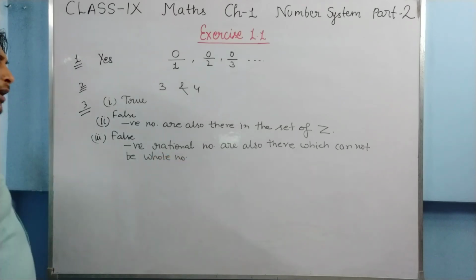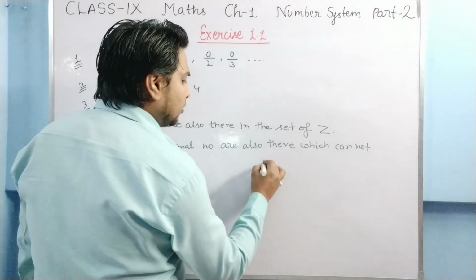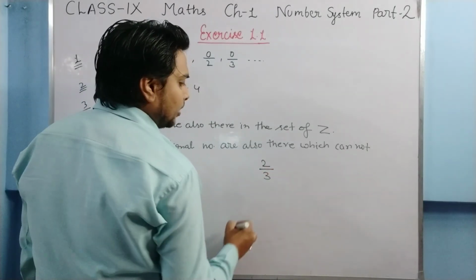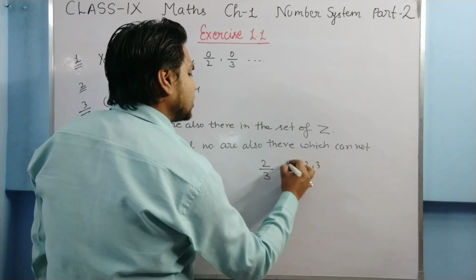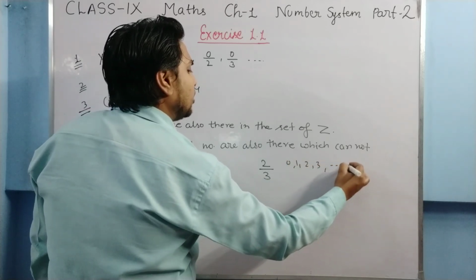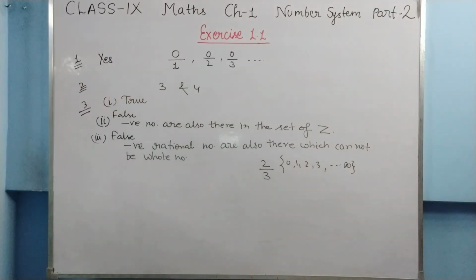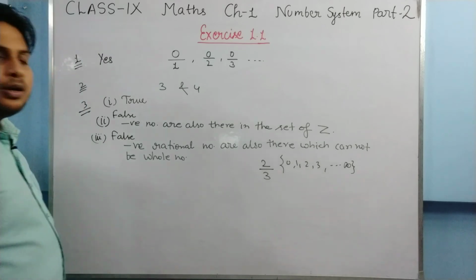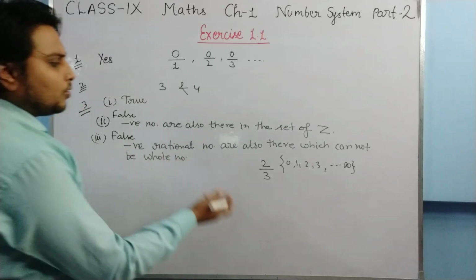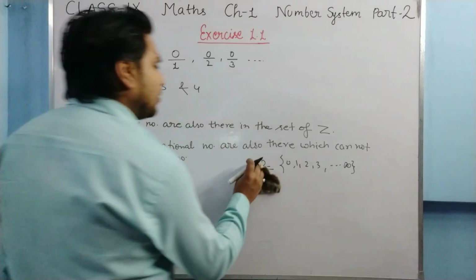Okay, and suppose if positive is also there, like 2 by 3. So in the set of whole number only the numbers are like this, na? 0, 1, 2, 3 and so on till infinity. So this can also be the reason that in the set of rational number fractions are also there. So fractions are also there, so that cannot be a whole number. Both reasons you can write.